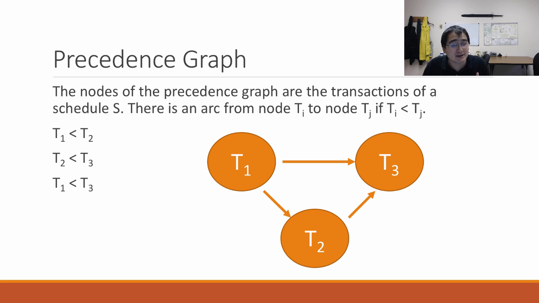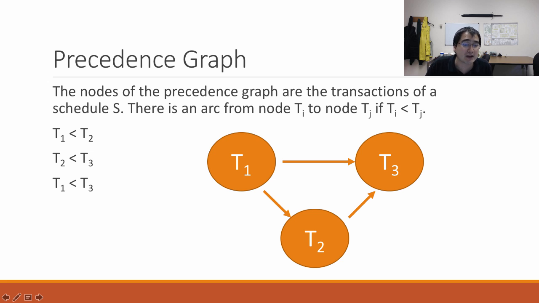What this means is that the possible conflict serializable schedule, the serial schedule we're trying to turn our original schedule into, must have T1 first. It has to come before T2 and T3. And then you'd have to do T2, because you're not allowed to do T3 until T1 and T2 are passed.